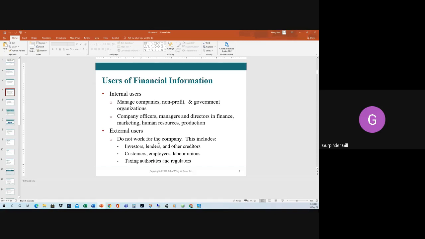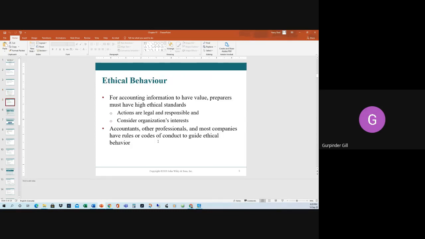So we have to make sure that we are abiding by the accounting rules, which are governed by the generally accepted accounting principles. When we are representing this information to a wide variety of users, that's where your ethical behavior comes into play. Sometimes companies are motivated to present the best picture of their business to their lenders, because those are the biggest stakeholders. Say, for example, I work for a private corporation, and we'll talk about what that is in a bit.